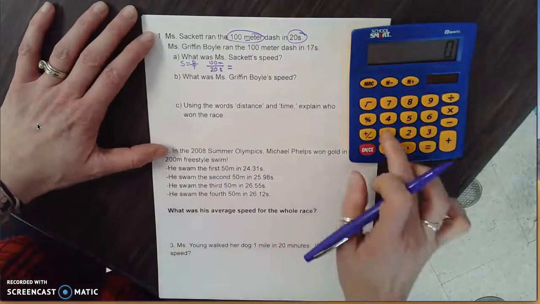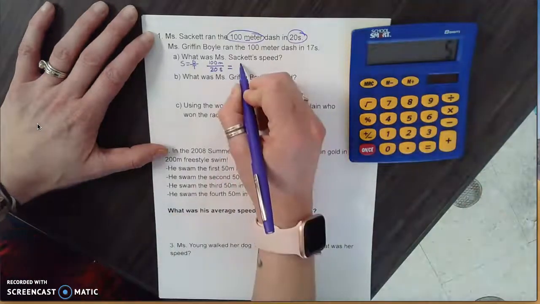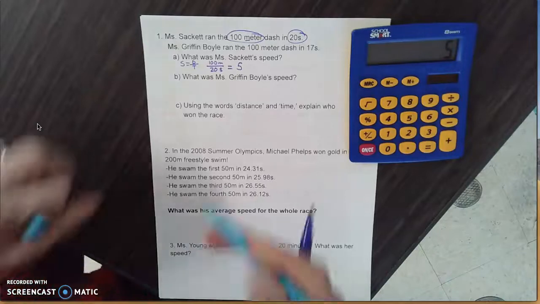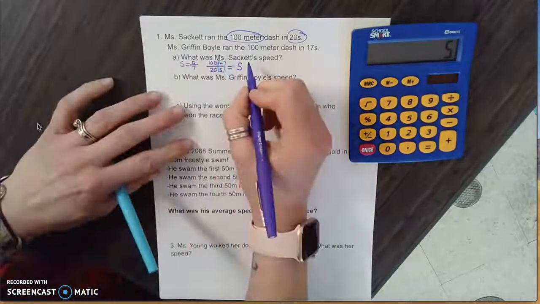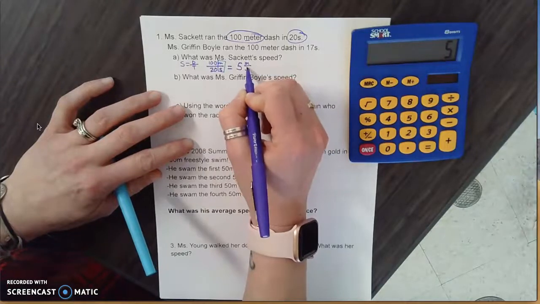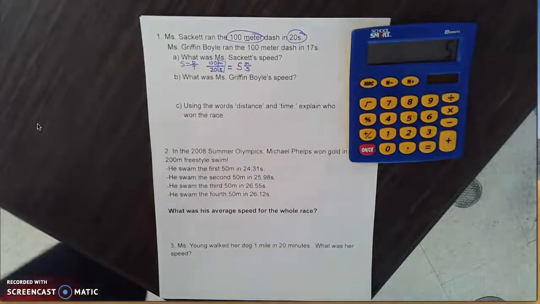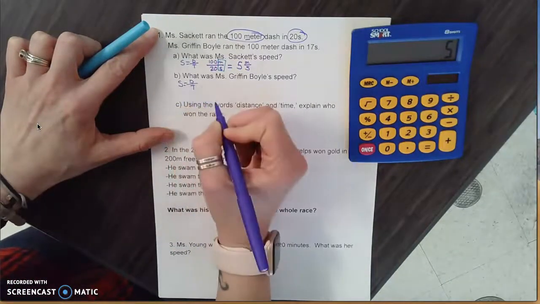Distance divided by time, 100 divided by 20 equals 5, and then I need to have my unit. Remember, your unit is already in your problem: meters per second. So Miss Sackett's speed was 5 meters per second. For me, same thing. Speed equals distance divided by time.